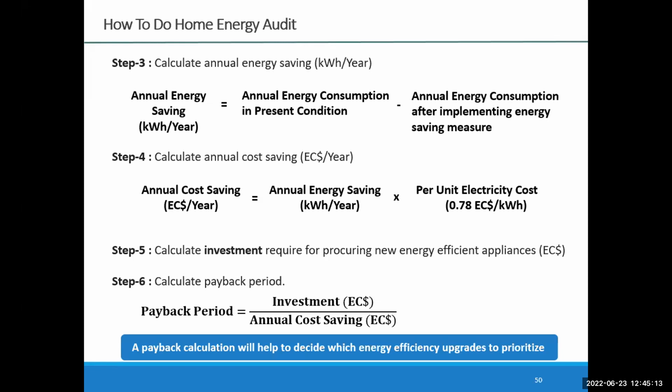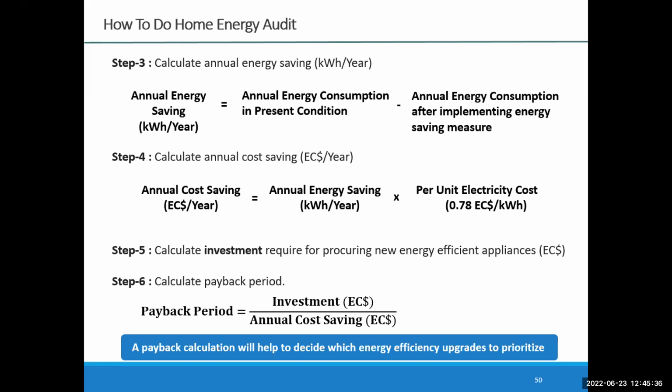And in step 5, based on the identified energy saving opportunities, we are also trying to find out the cost of procuring those energy saving equipment or appliances. In step 6, we are calculating the simple payback period, that is investment divided by annual cost savings.